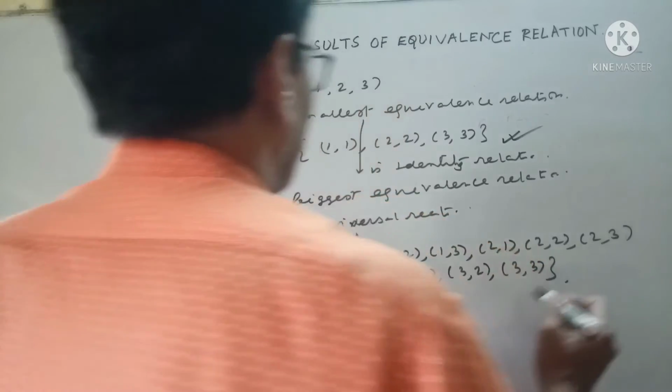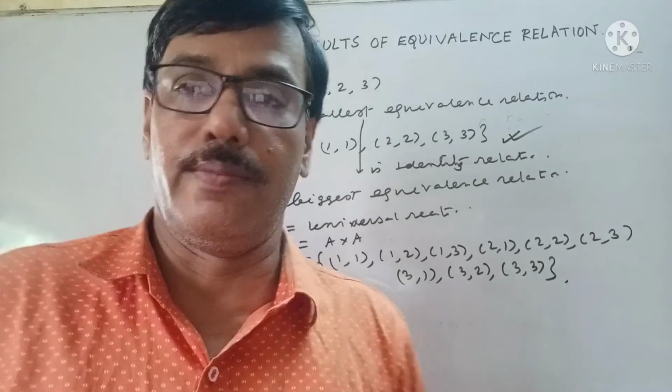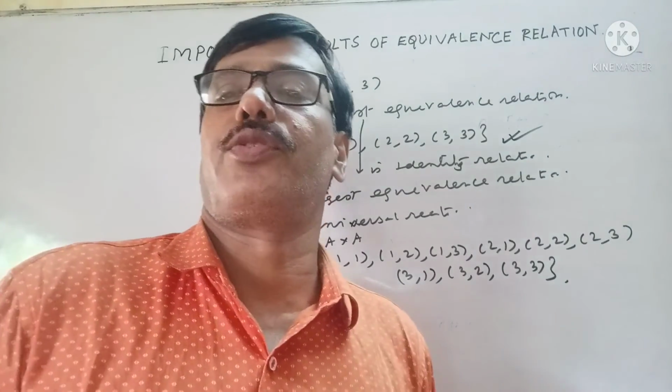So you remember these two together: the smallest equivalence relation and the biggest equivalence relation.